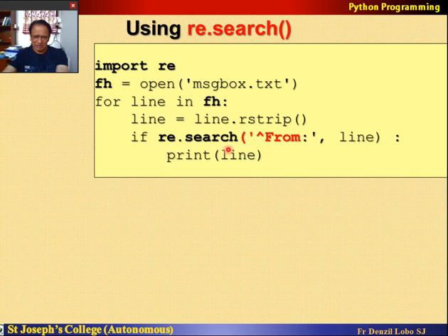And then that is re.search. I'm using the same method, but I have added here a regular expression within these inverted commas, saying that this is the regular expression, starting with From.